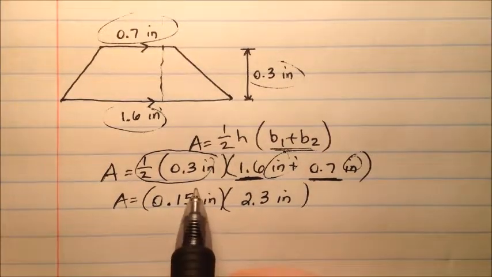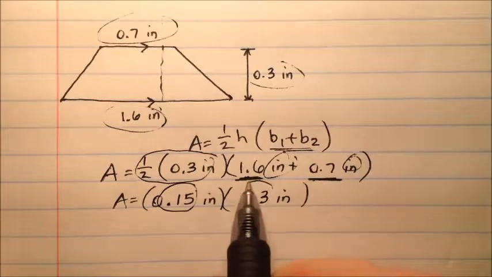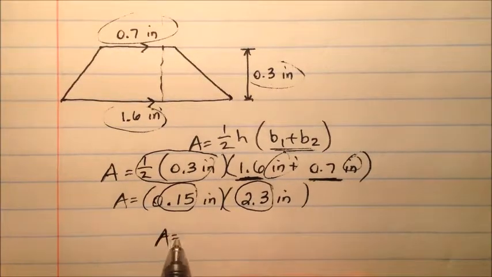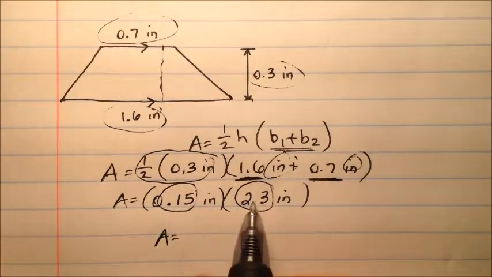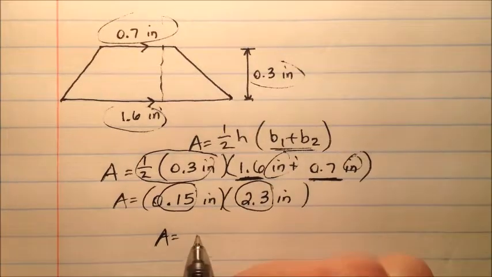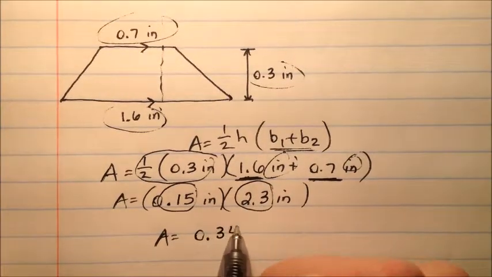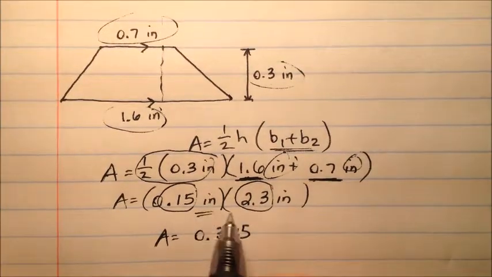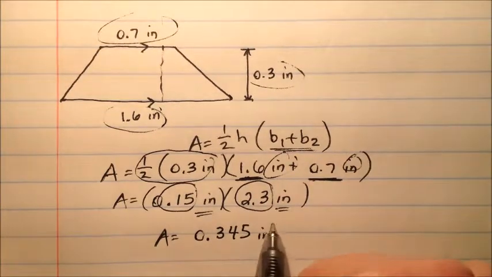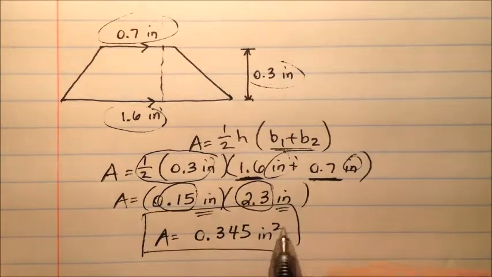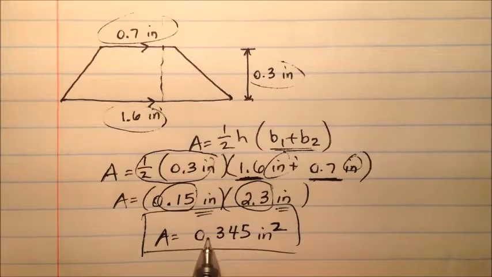So my area is going to be 0.15 times 2.3. You can work it out over here on the side, but it should be 0.345. And we have inches times inches, which will give us inches squared. So the area of this trapezoid is going to be 0.345 square inches.